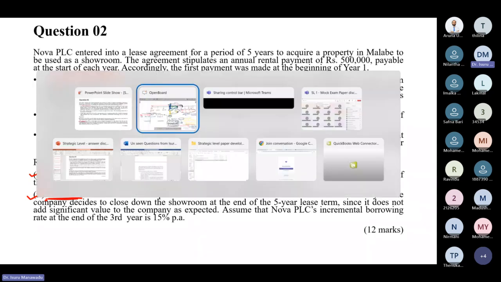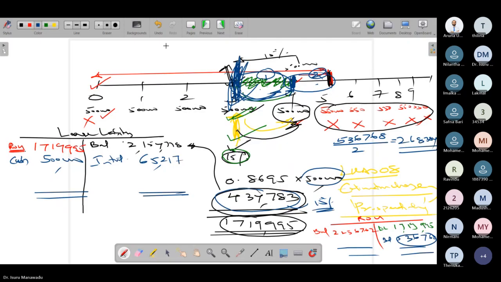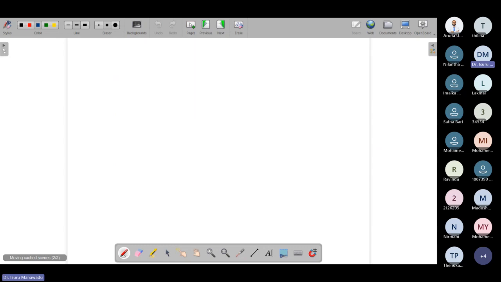Now SLFRS 16 done. Now I would like to discuss SLFRS 9. There are 2 questions on SLFRS 9. So we'll go to that question. First, I will briefly explain SLFRS 9.